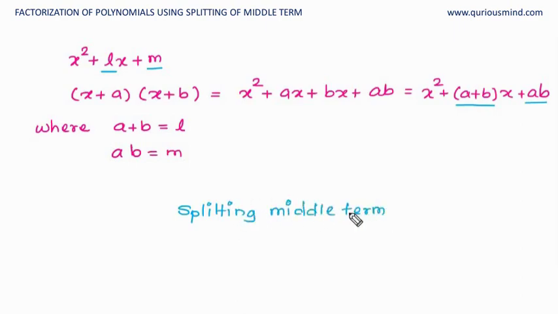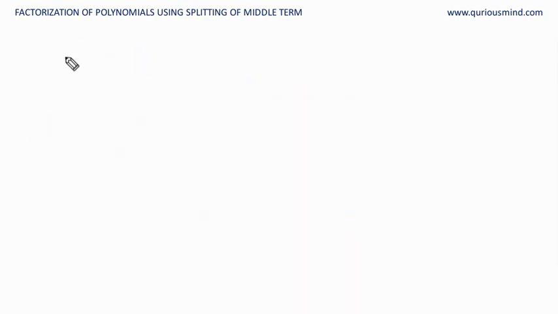Now we'll see a variation of this. So now if we have polynomials in the format ax square plus bx plus c. Earlier there was no coefficient for x square, now there is a coefficient for x square. And in this case we assume that px plus q and rx plus s are the factors.